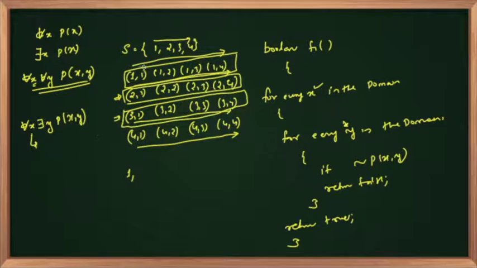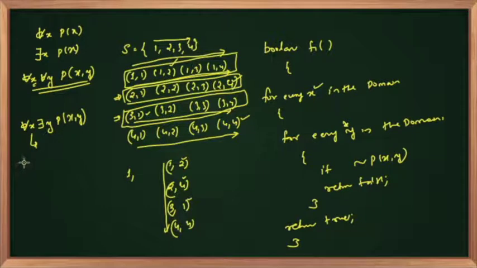Let's assume maybe here it is true, and here, and this one, and this one. So for x equal to 1 there exists at least one y, that is 2, so the 1,2 pair is selected. For the second x, that is 2, there exists at least one y, that is 4. For the third row, at least one y, that is 3,1, and next is 4,4. So for all the values of x there exists at least one y which is true. That is the meaning of this.